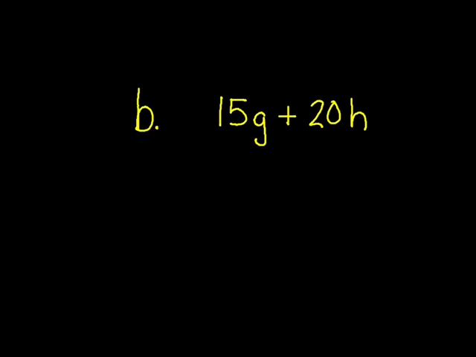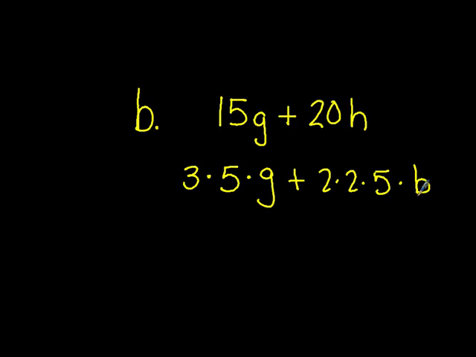Letter B. And I'm not going to factor out each and every one, but I will for this one, just so you can see how it's done. So the factors of 15 are 3 times 5 times g plus 2 times 2 times 5 times h.